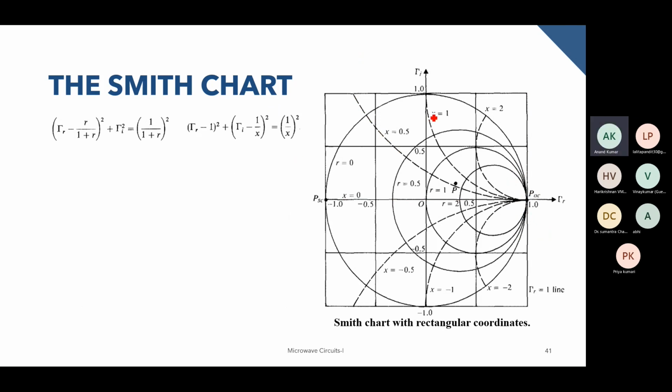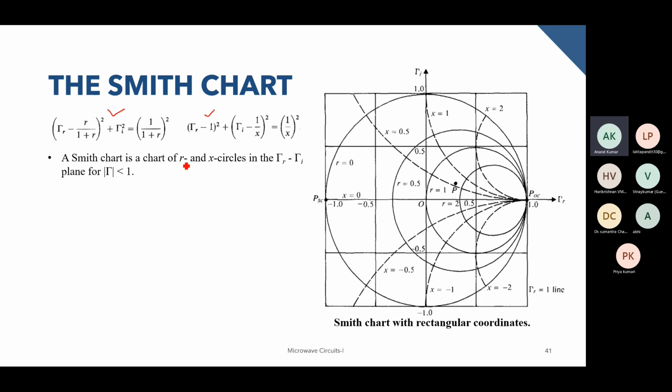Looking at all the things together, we had derived the locus for R and the locus for X. These are the two expressions that were involved in designing this particular chart, where the solid lines are the R circles and the dashed lines are the X circles. So we'll look at some important points, whatever we have concluded.